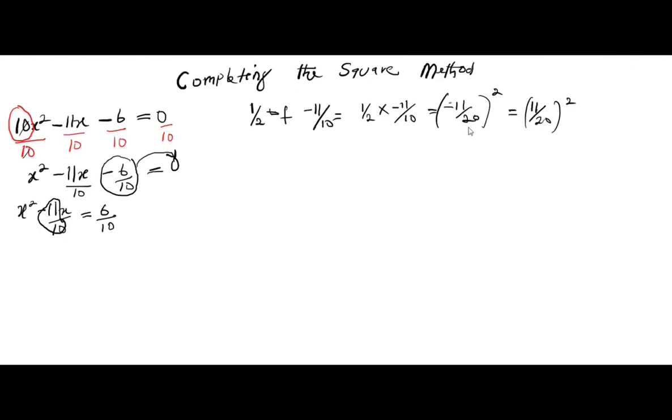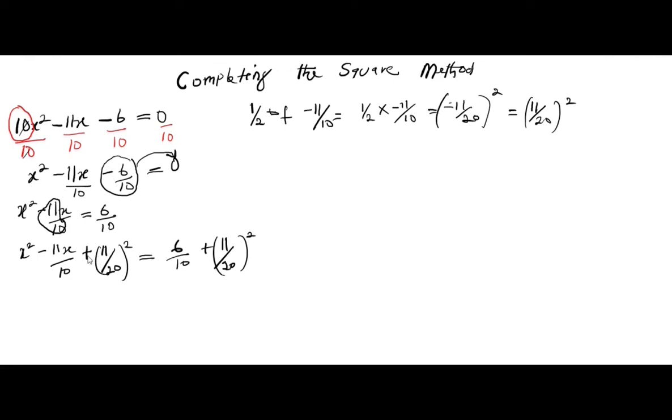Positive. So we have our x squared minus 11x all over 10 plus 11 all over 20 all squared equals 6 all over 10 plus 11 all over 20 all squared.